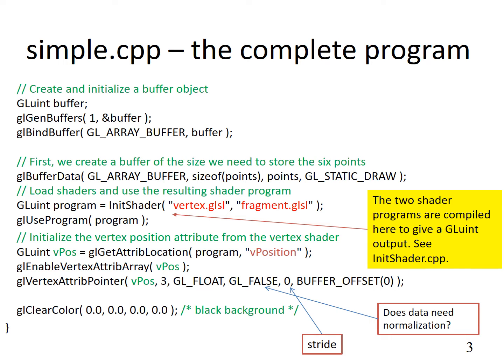GL float tells that the vertex positions are of type float. GL false means that the data does not need normalization. 0 basically means that there is 0 stride in the data, that every point has to be drawn, and we want to draw from the start, and hence there is no offset. The final line, glClearColor, sets our background to 0, 0, 0 RGB values, which is black, and also sets the opacity to 0.